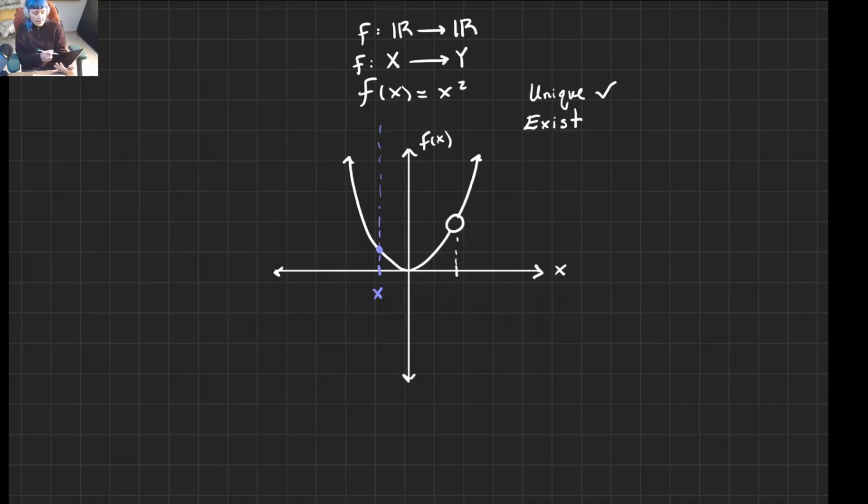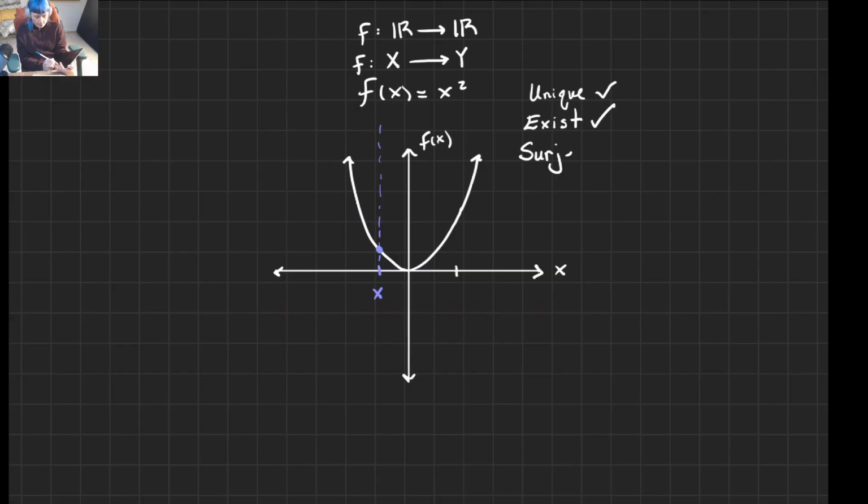Then we would say that this is not a function, because if there's even just one x value where the function doesn't exist, it's not a function. So in this case, for x squared, there's no value where you're not going to get a value in the range. So it exists.